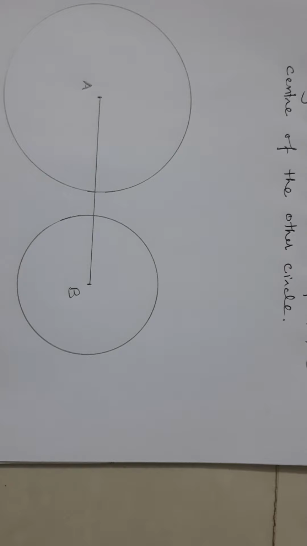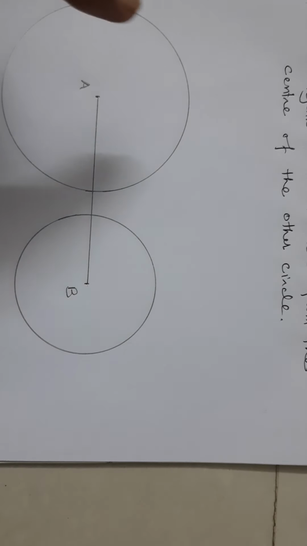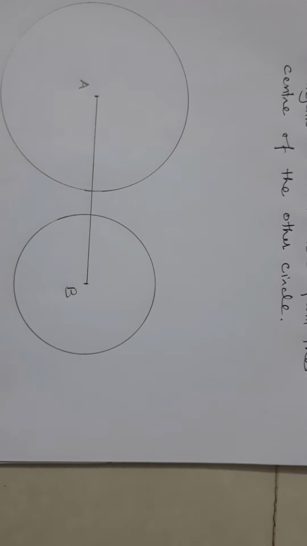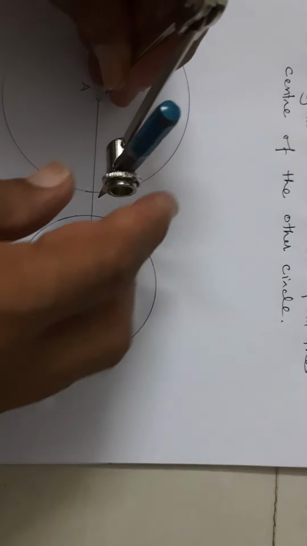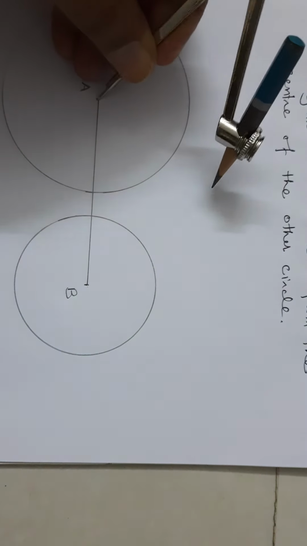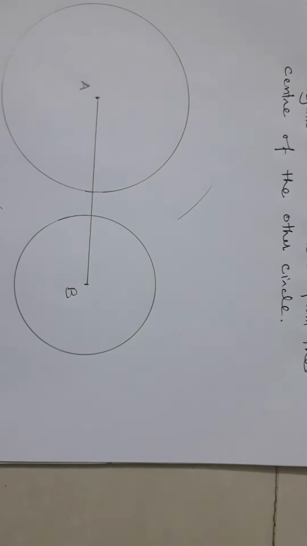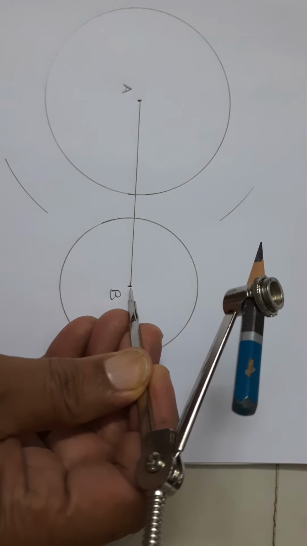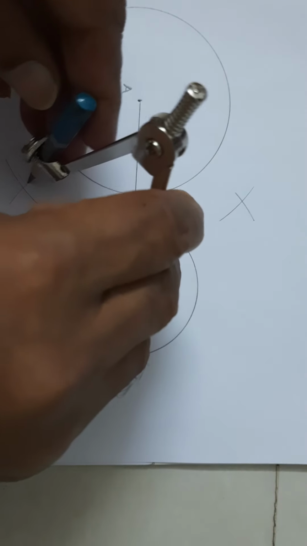Now in order to construct tangents, from A to the circle with center B, and from B to the circle with center A, we need to draw the perpendicular bisector of AB. So again we take more than half, one arc here, one in the lower half plane, and then from B one here and one in the lower half plane.